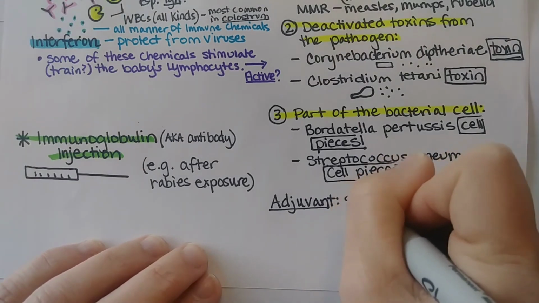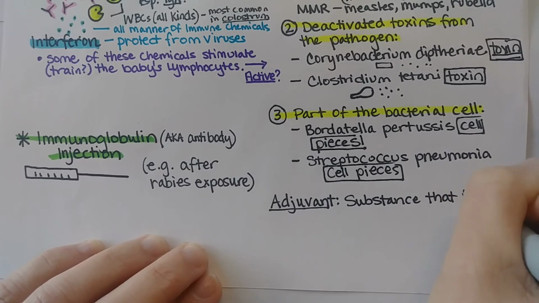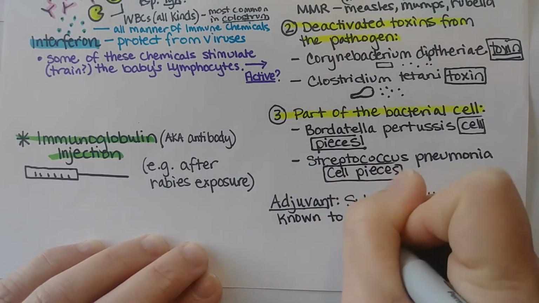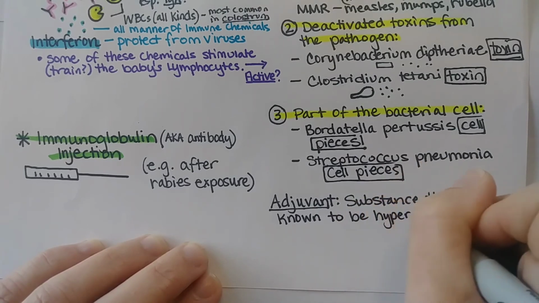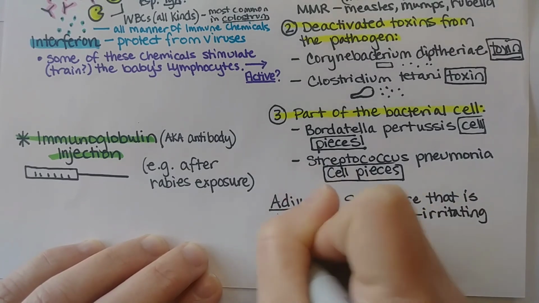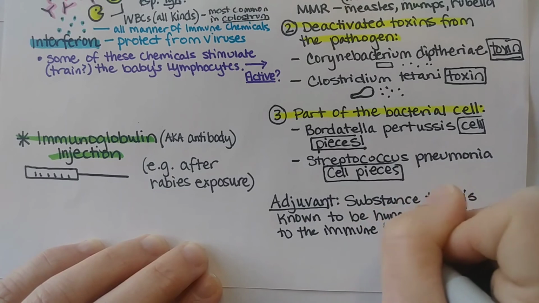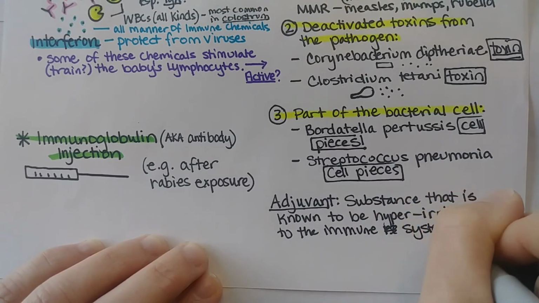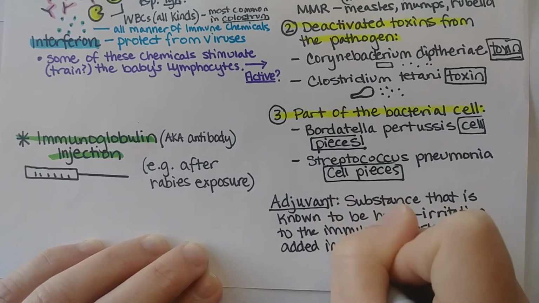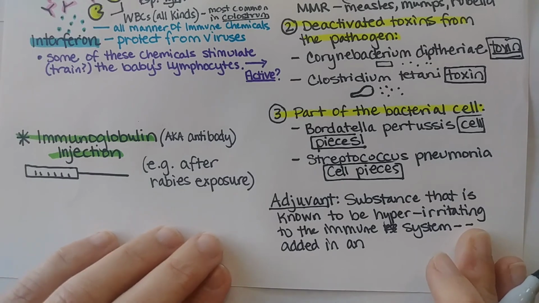So an adjuvant is a substance that is known to be hyper irritating to the immune system, added in an attempt to get a more robust reaction, like better antibodies, more memory cells.